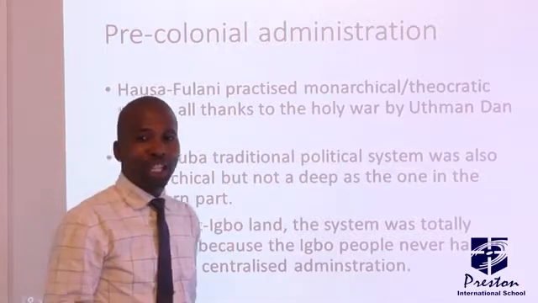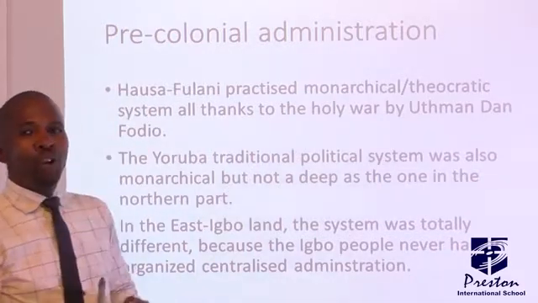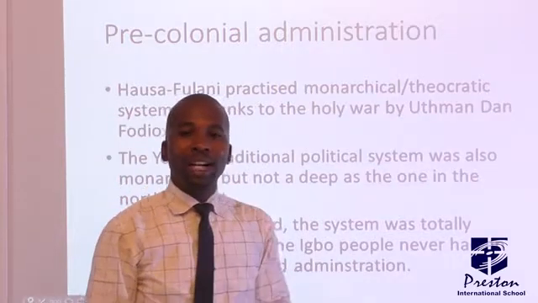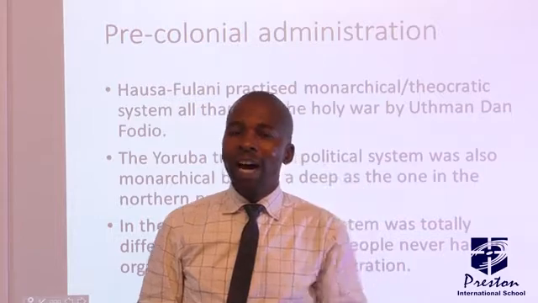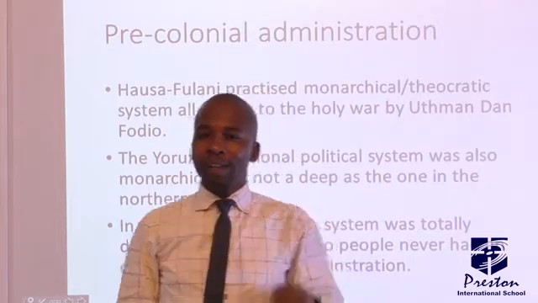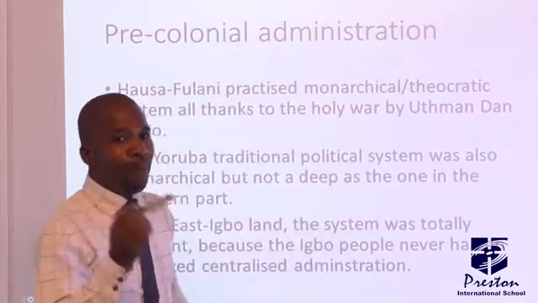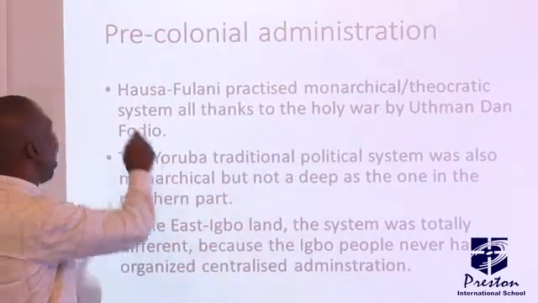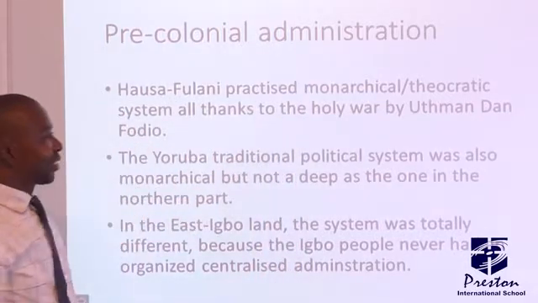Pre-colonial administration in Nigeria. Under pre-colonial administration in Nigeria, we looked at three different societies: the Yoruba, the Hausa Fulani, and the Igbo society. I made you understand then that the Hausa Fulani practiced a monarchical and theocratic system.